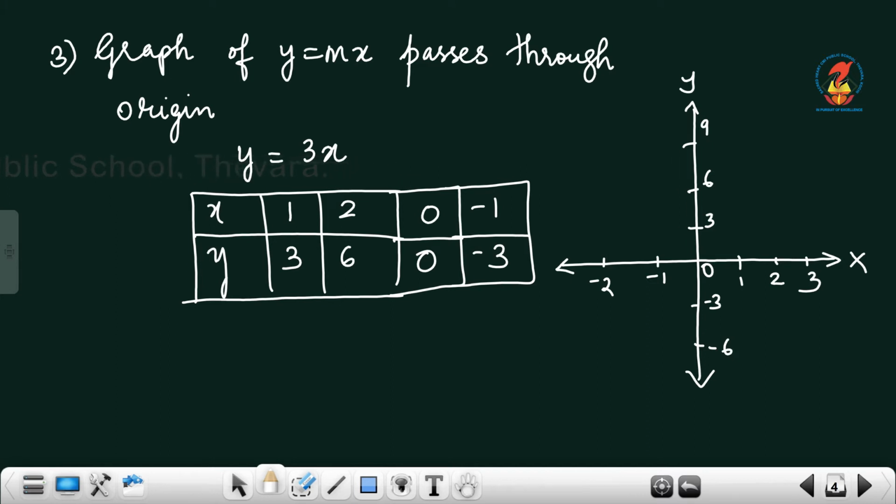We will plot the points. First one is (1, 3). Second one (2, 6). Origin (0, 0). Now join all these points. You can see that the line passes through the origin.